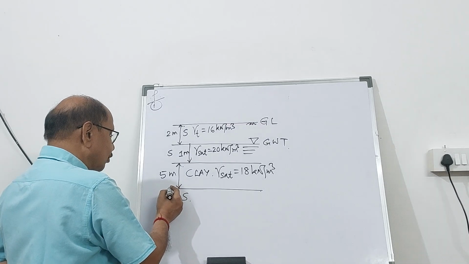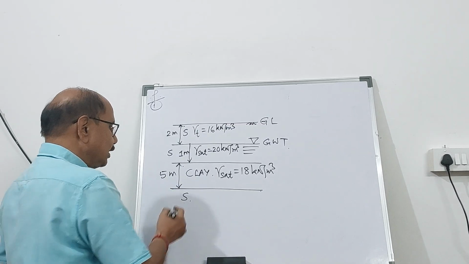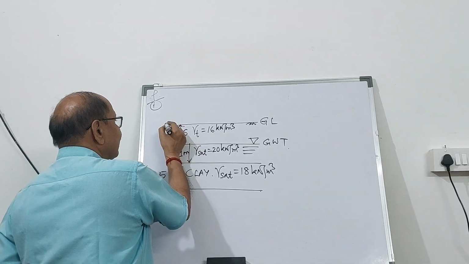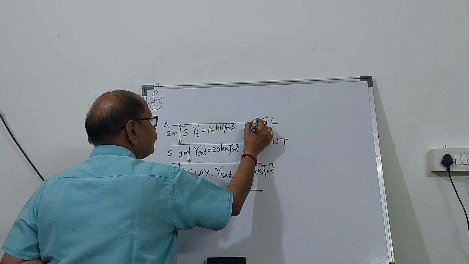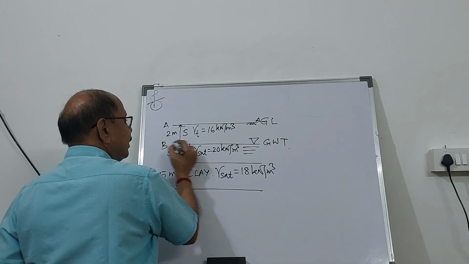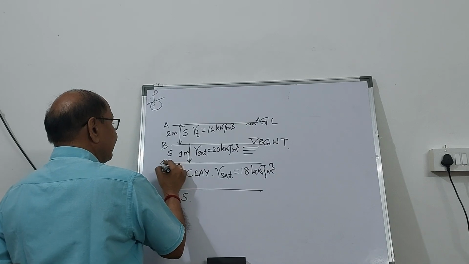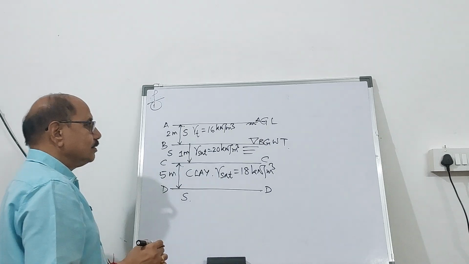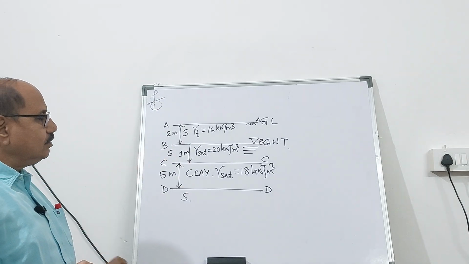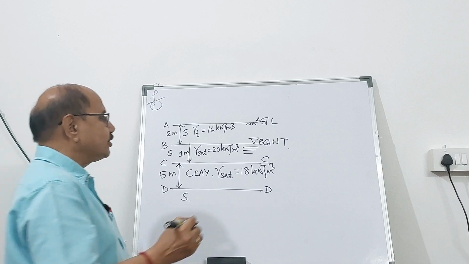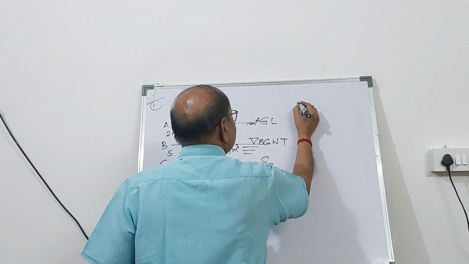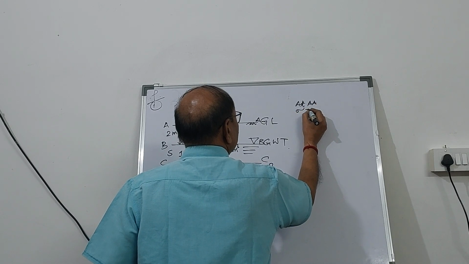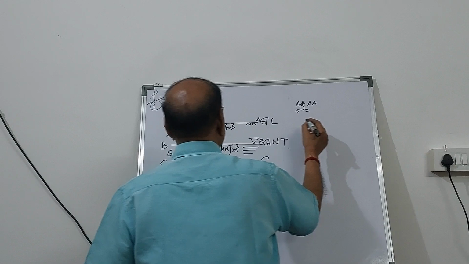Let's say I call this level AA, this level BB, this level CC, and this level DD. At each and every level, we can calculate the total stress. Let's say at A, what is the value of total stress?